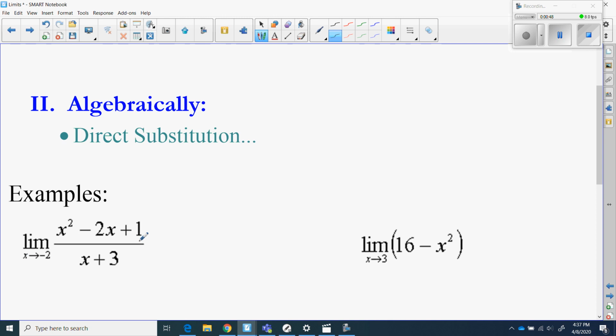So take this situation, for example. x approaching -2 means that x is not actually equal to -2, it's close to -2.